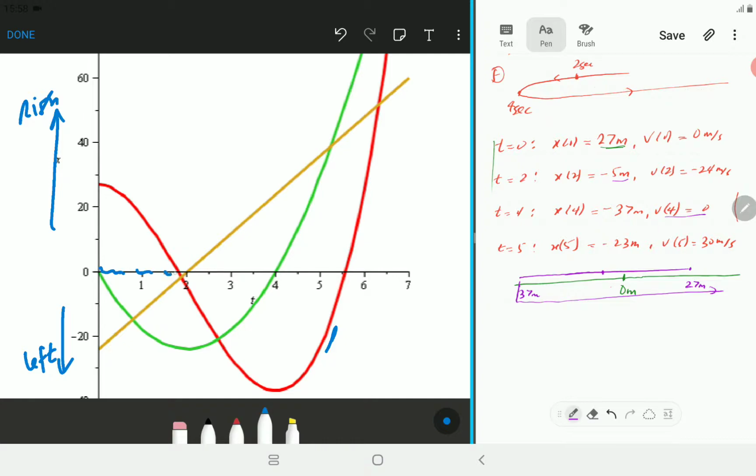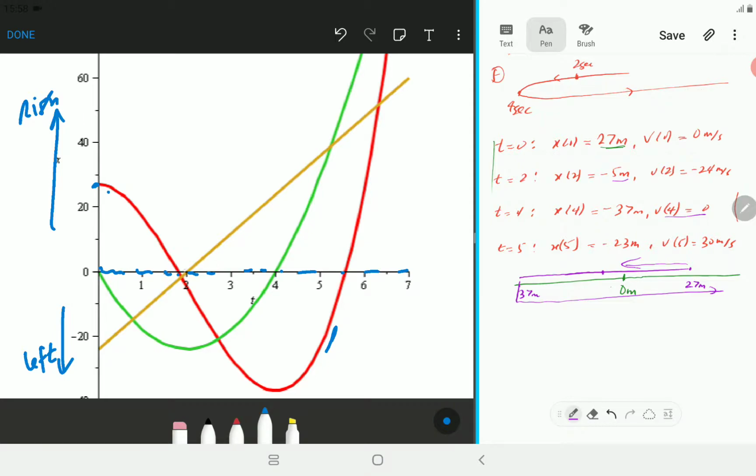So the particle starts off at 27 meters, then it goes down towards the origin. So that's the speed here.